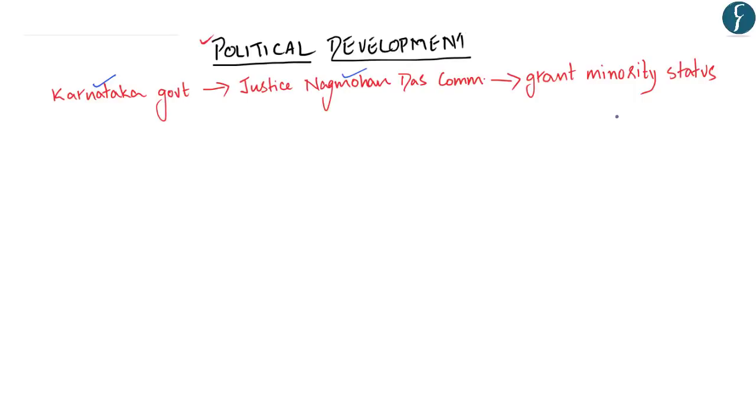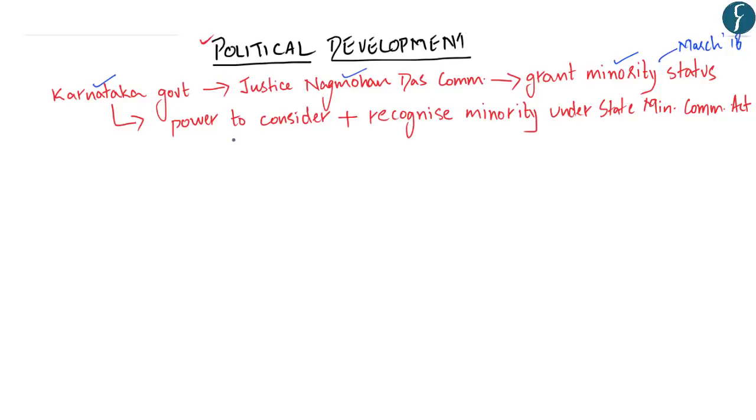Accordingly, based on the committee's recommendation, the Karnataka government decided to grant minority status to the Lingayats in March 2018. Thus, by doing so, the Karnataka government has contended that it has the power to consider the demand for minority status as well as recognize a community as minority under the Karnataka State Minority Commissions Act.